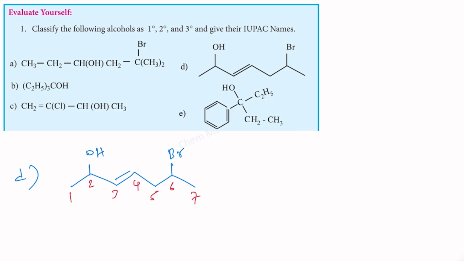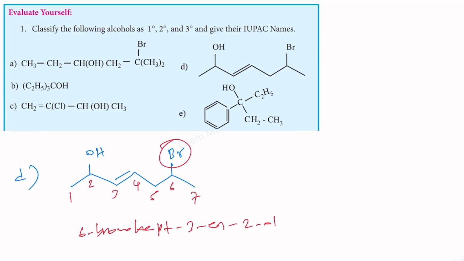We have 7 carbon atoms in the parent chain. We have to do the numbering left to right in this case. We have a bromo substituent at the 6th position, and therefore 6-bromo, and then hept-3-en-2-ol. This is the IUPAC name without considering the geometrical isomerism here.